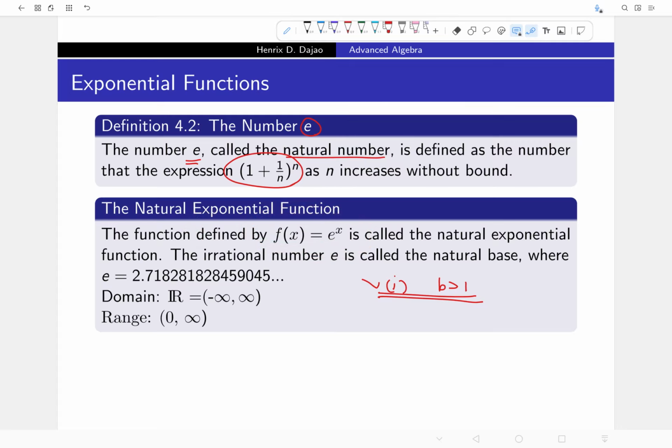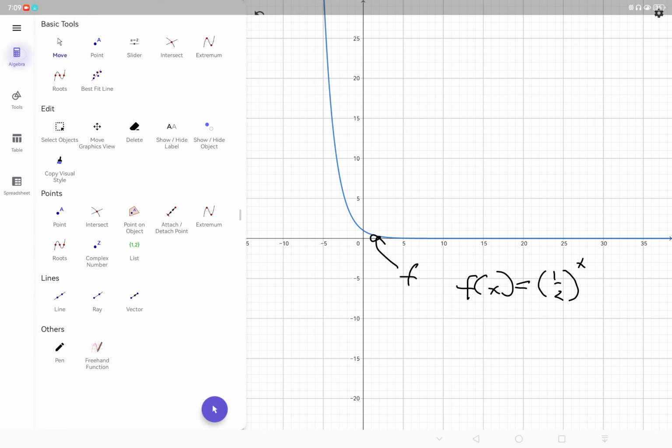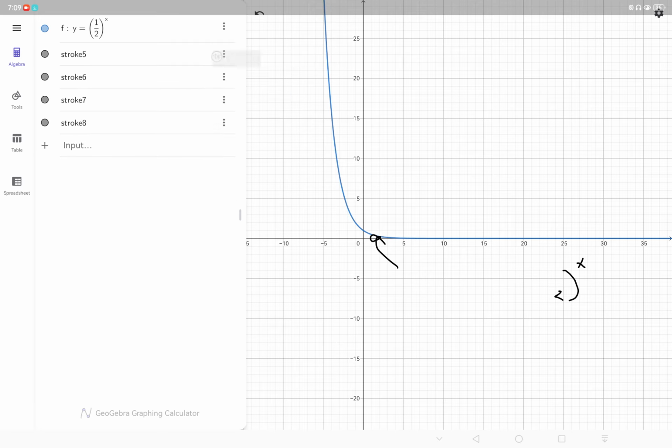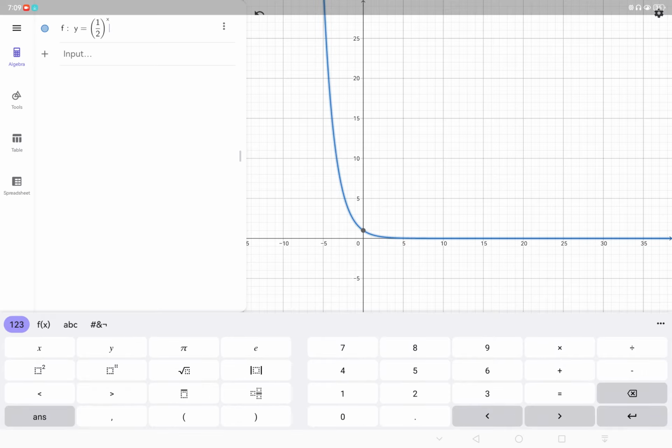We can look at this using our calculator. Let's try e raised to x.